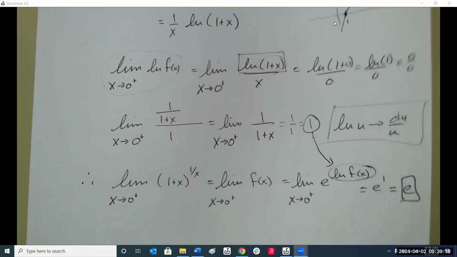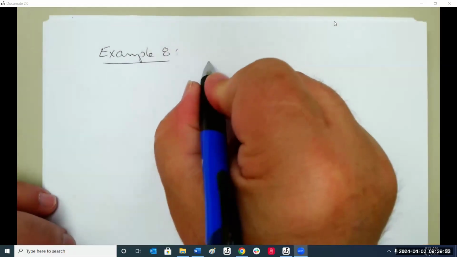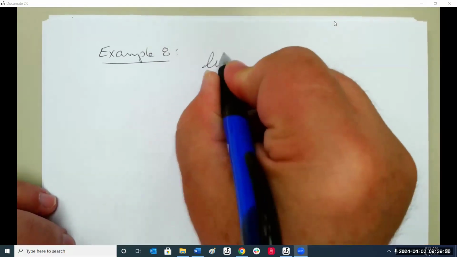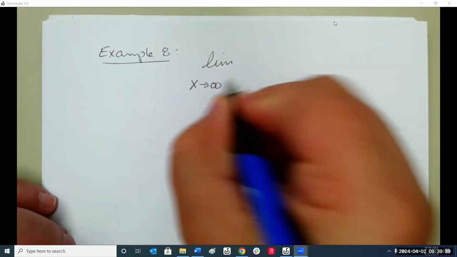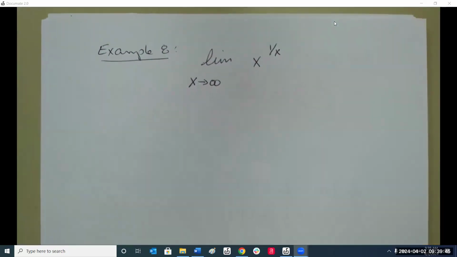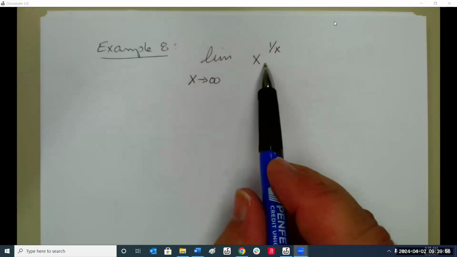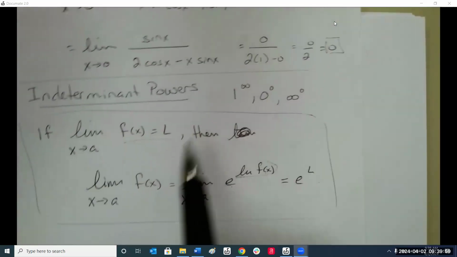Let's look at pretty much the same thing in example 8. Find the limit as x approaches infinity of x to the power 1 over x. Does this satisfy one of our conditions for the indeterminate powers?